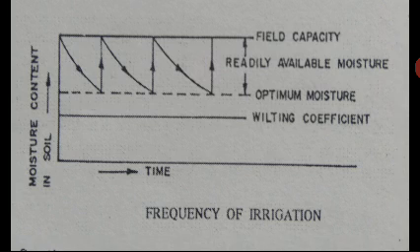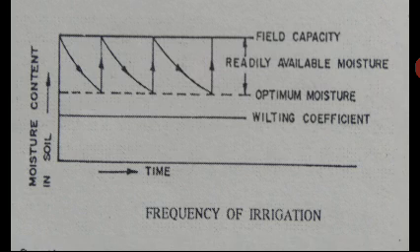When watering is done, the amount of water supplied should be such that the water content is equal to the field capacity. Water will gradually be utilized consumptively by plants after the water application, and the soil moisture will start falling.